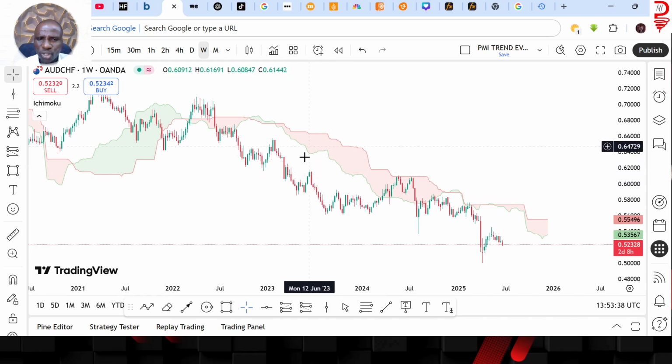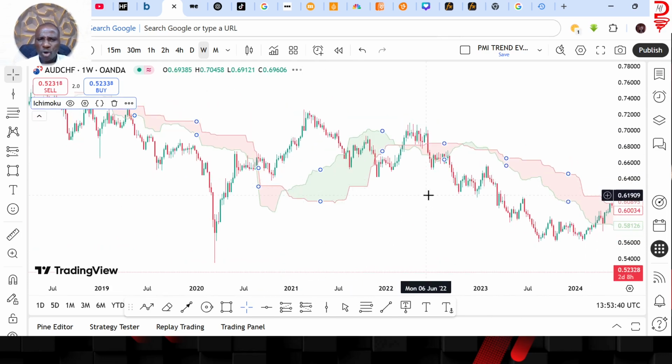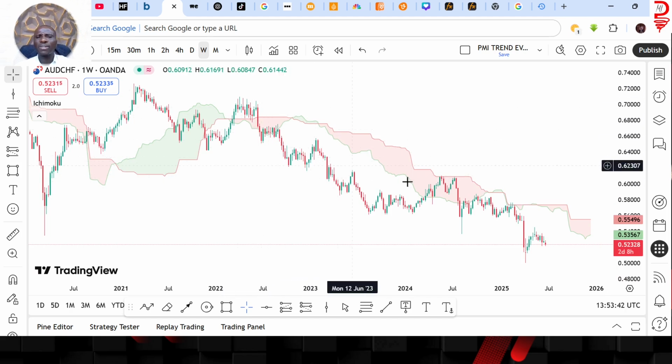But then let's just look at an overview. Just look at this particular chart. Since June 2022, this market has been trending down. It means that, of course, we use directional bias and the tool is active on my chart. That is why I can really tell you that it has been trending down.